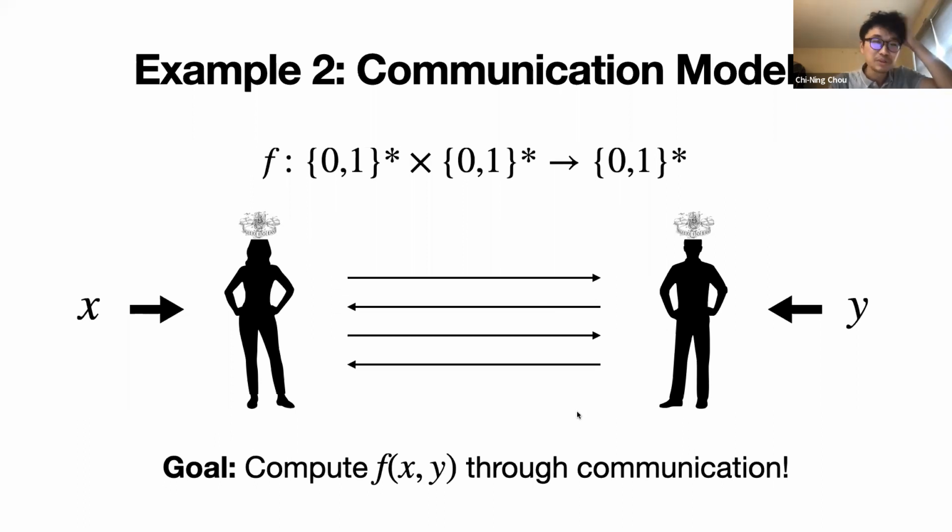The simplest way to do it is for Alice to send the whole X to Bob, and Bob can directly compute f because he has a very powerful Turing machine. So it is really about one side not knowing the input of the other side. If you don't know it, can you still efficiently compute it?